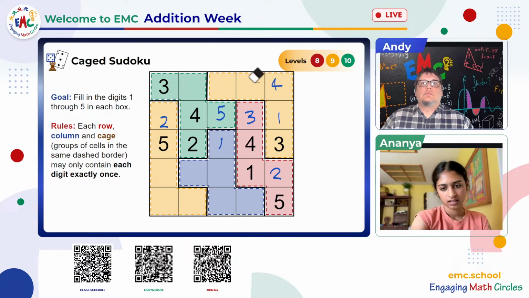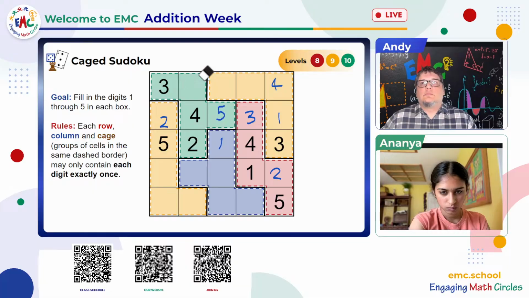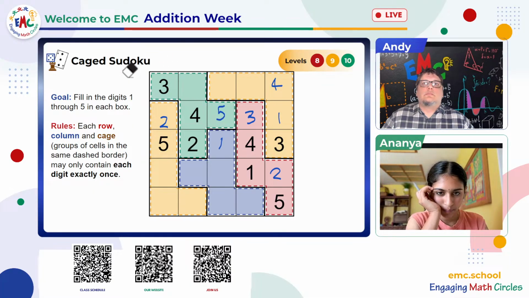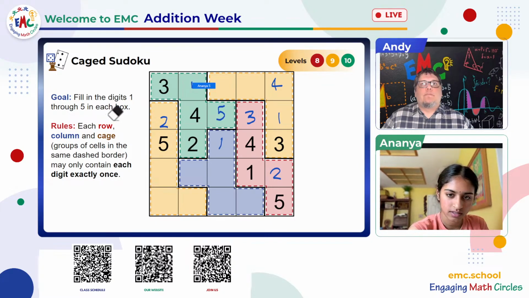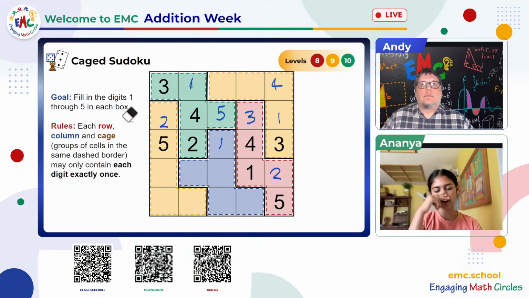And then we also have the green one next. But a 2, a 4, a 3. So the only other one is 1 because there's a 5 already in the cage. And all the other numbers are in the same row or column.